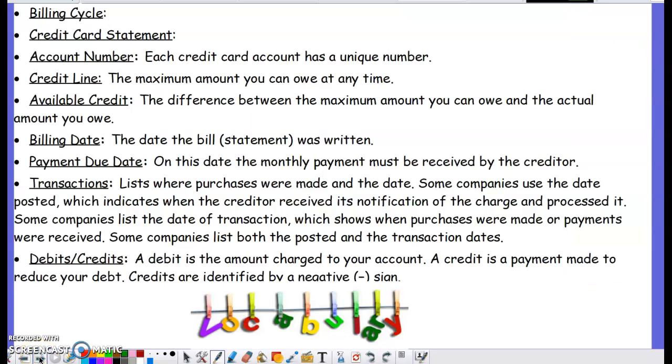So the first couple slides here, these are just a bunch of vocab words. These are things that we have to understand when we are looking at a credit card statement. So the first one is the billing cycle. So basically that's just the length of time, or we'll say purchases made.